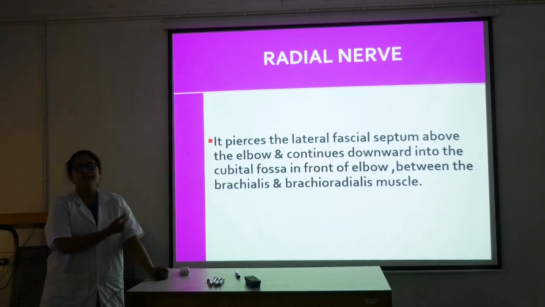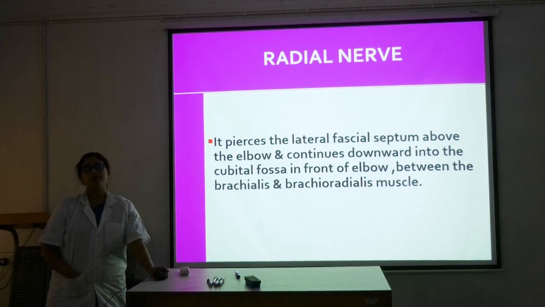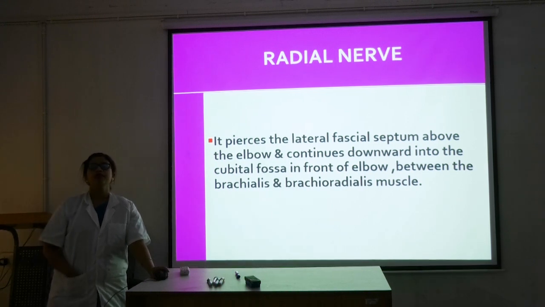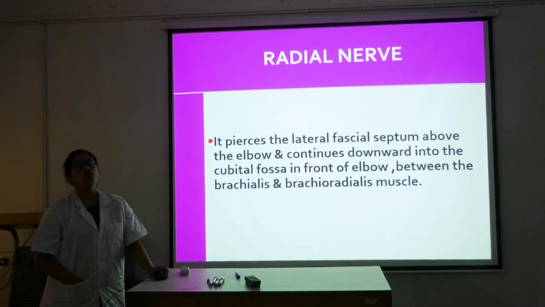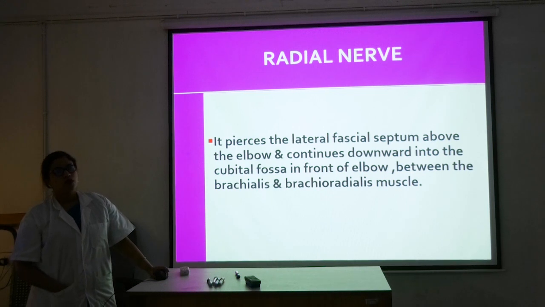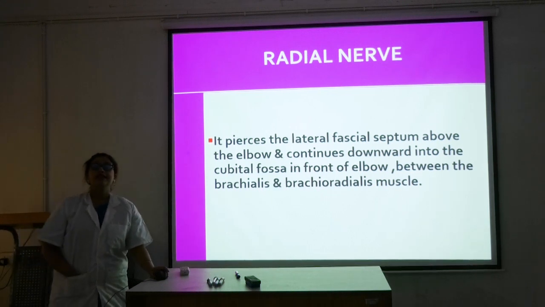So what about the radial nerve? Write it down. It is coming between the brachialis and brachioradialis, two muscles. And the ulnar nerve comes between the two heads of flexor carpi ulnaris.